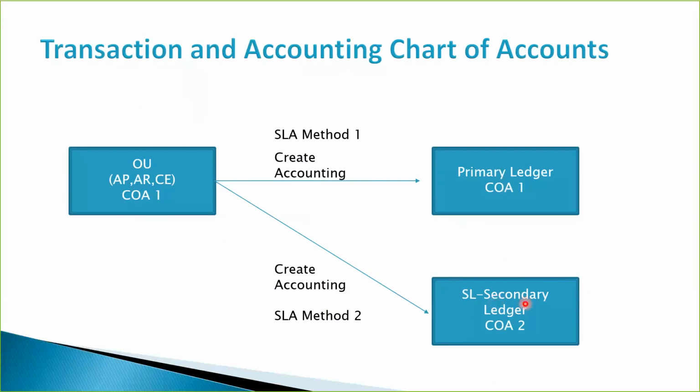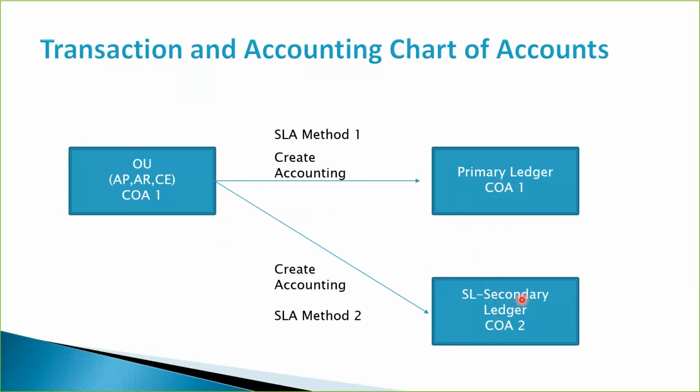You can create one at the journals level, whereby information there is sent by posting program, right? When you post something in your primary ledger, then that's when journals are sent to your secondary ledger and posted. But in the case of sub-ledger level, create accounting is the one that sends that accounting information to the secondary ledger.